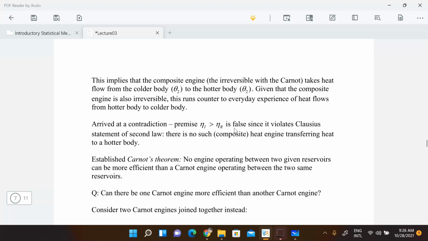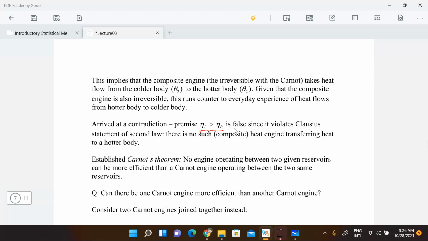So the premise that we had earlier, that the efficiency of your irreversible engine is greater than that of the reversible engine, which is the Carnot engine, is actually false.